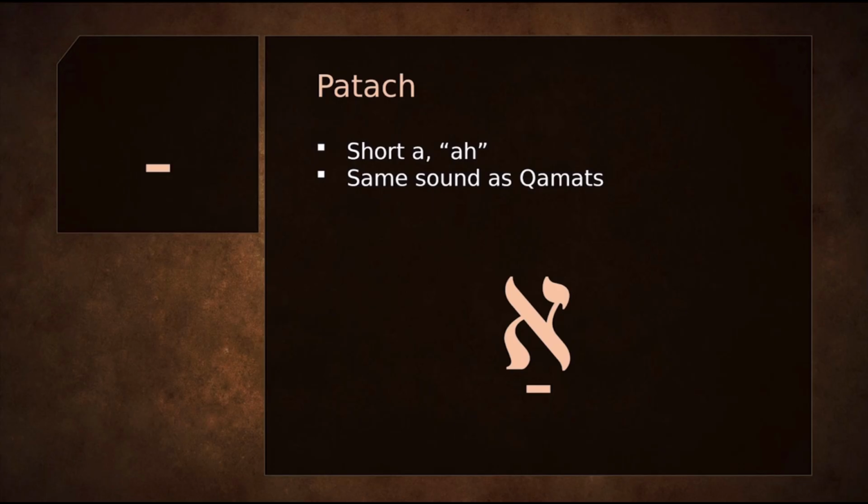You may ask, why are there two vowels that make the same sound? The answer is that they probably did not originally make the same sound. In fact, in the Ashkenazic dialect, patach makes the sound a, just like it does here, but the kamatz makes the sound aw, as in the word lawn.